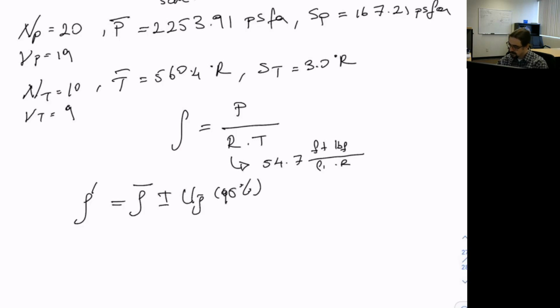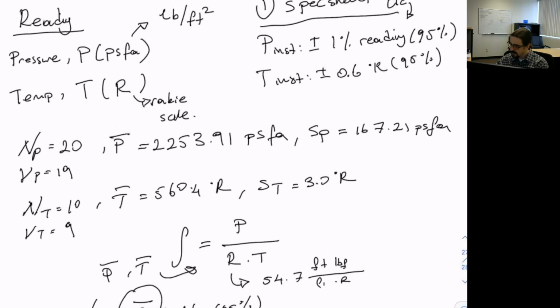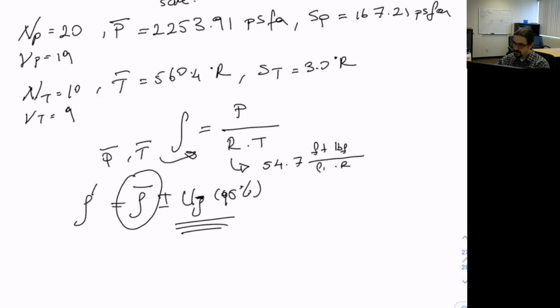We know what this is based on the measurements because we measured P bar and T bar, and we know the equation. However, we don't know the uncertainty. To do that, we are going to have to combine both the random error, defined as S rho bar, and the systematic error, defined as B rho bar.